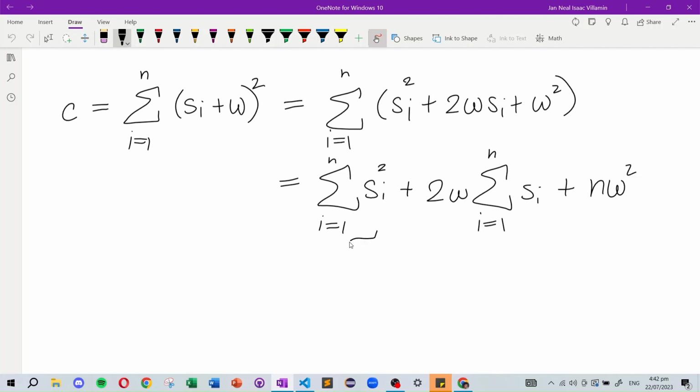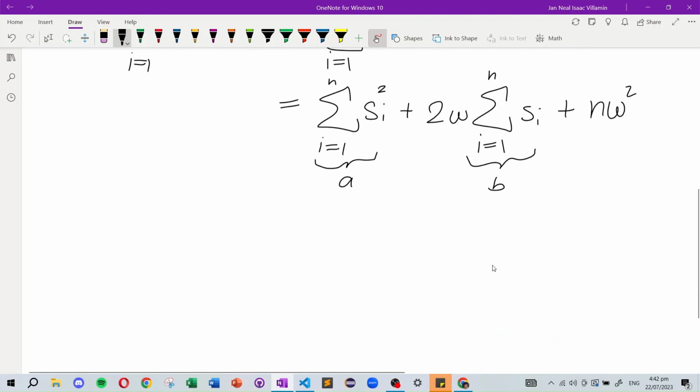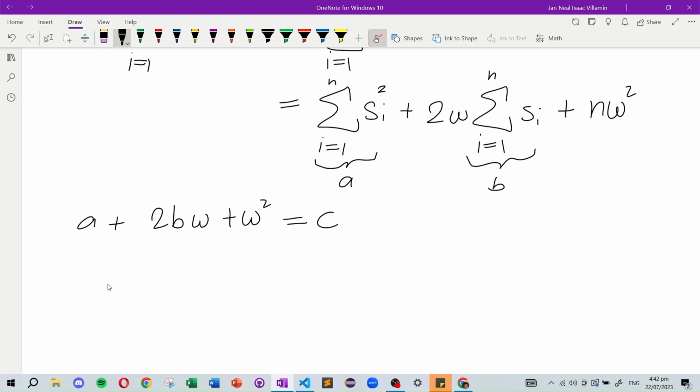Now let's let the first sum be A and the second be B. So our equation now becomes A plus 2bw plus nw squared equals C, or in other words, nw squared plus 2bw plus A minus C is equal to 0.